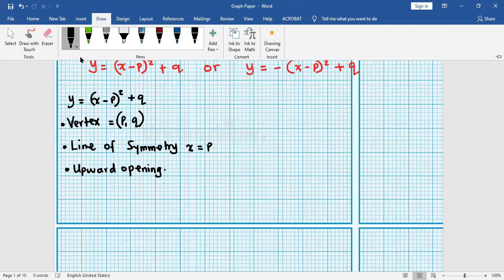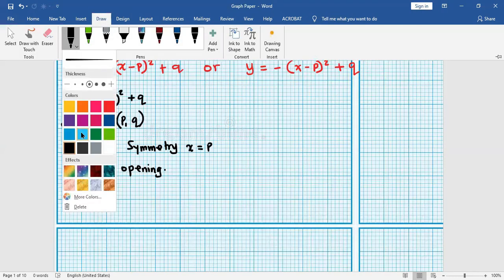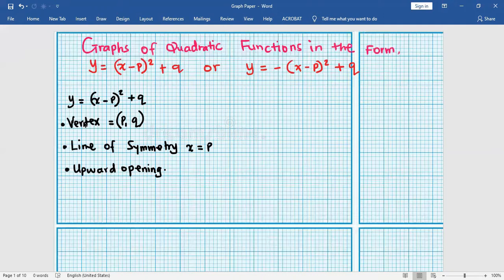Then, if we have a function that is in the form of y equals minus (x minus p) squared plus q, then we say that the vertex also is (p, q). Then the line of symmetry also is at x equals p.